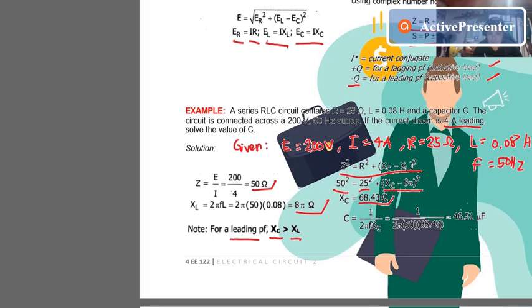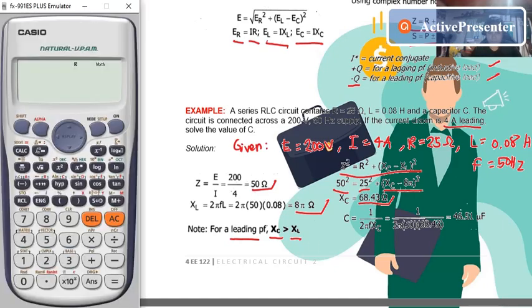So solving for the value of the capacitor C, C equals 1 over 2 pi F XC. So 1 over 2 pi, we have 50 Hertz as our frequency, multiplied by our XC of 68.43.